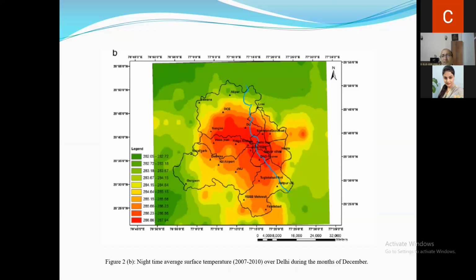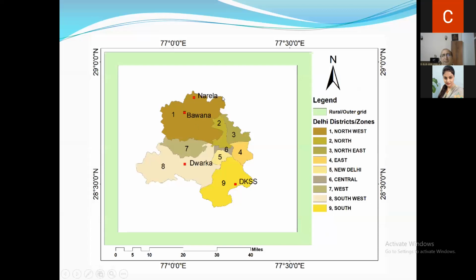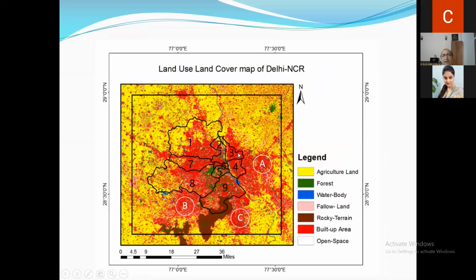So for this purpose, we conducted a study and divided the entire city according to districts. We have 9 districts in the city: northwest, north, northeast, and so on. We also performed land use land cover mapping of the city. The red areas are built up.